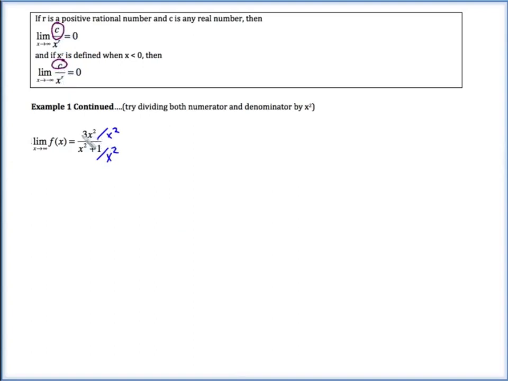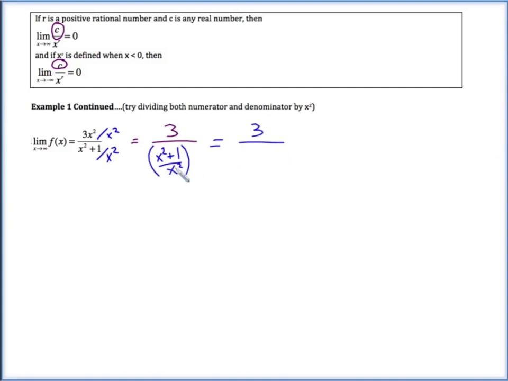If we divide 3x squared by x squared, we do get a constant of 3 in the numerator, and that's what we were trying to do. Now on the bottom, we're still going to have x squared plus 1 over x squared, so we're going to have to do a little simplification work here.